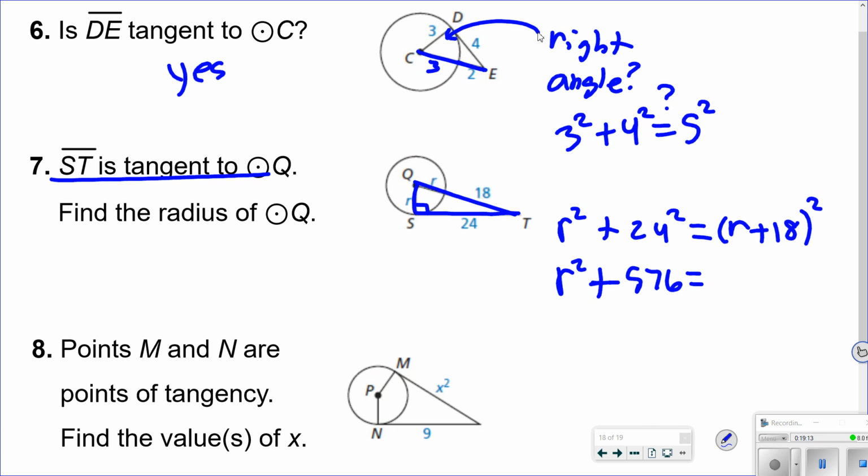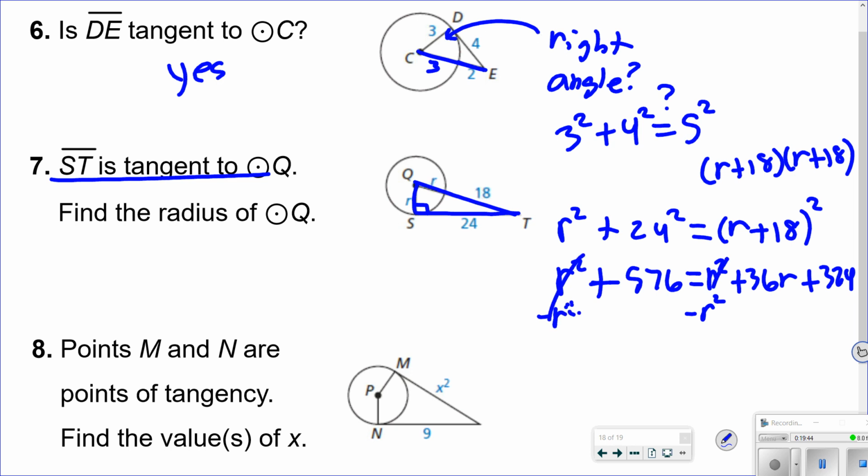Over here on this side, you can go r plus 18 times r plus 18 and multiply it out. This is called squaring a binomial. It's got 2 terms. So you can multiply that whole thing out. Or we can do our shortcut: square the first one, times the 2 together, the 18r, and times it by 2, 36r. And then square the last one. 18 squared is 324. Okay, now we solve it from there. I'm going to minus the r squared from both sides.